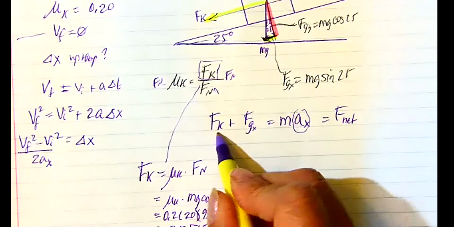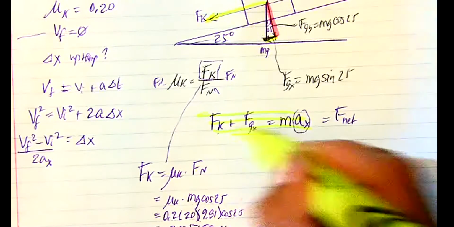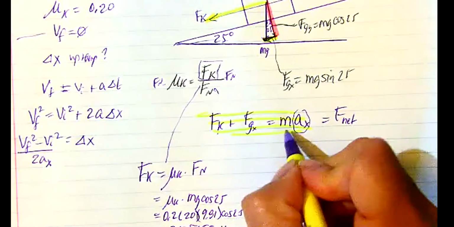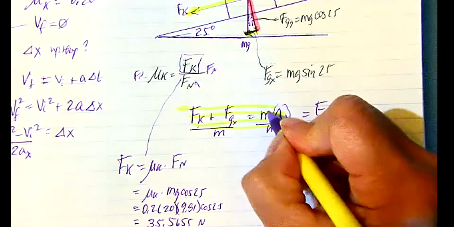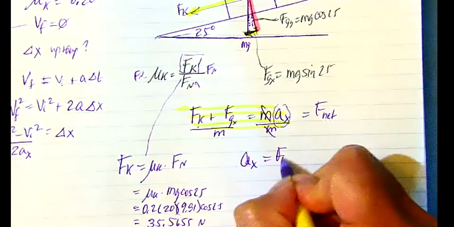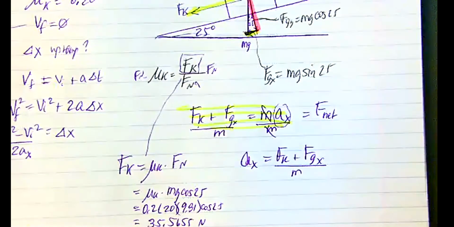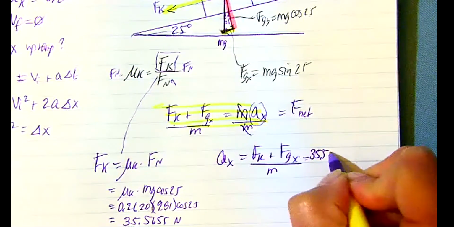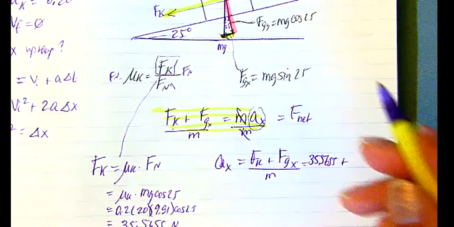So that goes here. Looking at just this part right here, I want to solve for the acceleration in the x direction, so we just divide both sides by m. The m's cancel out. So the acceleration in the x direction is F sub k plus Fg in the x direction, divided by m. That's 35.5655 plus Fgx, that's mg sine of 25, which I hadn't figured out.